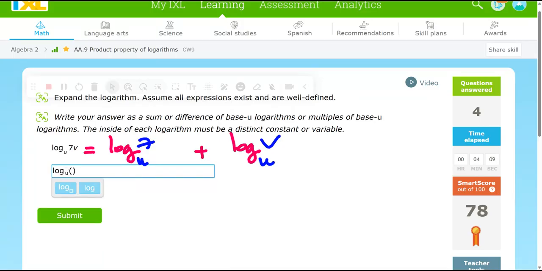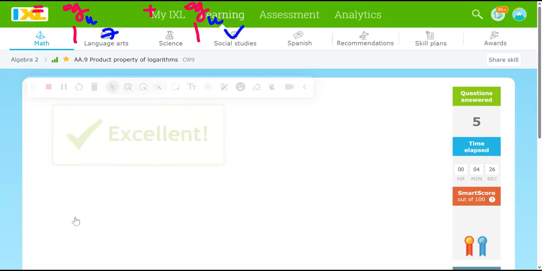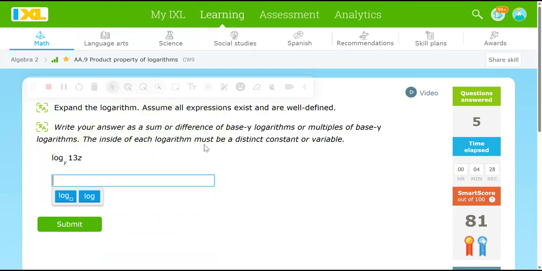So I put in base u, move your cursor, put 7. Move your cursor one more time to the plus and click on the logs again. Base u, move your cursor and put the v. You see that? Voila.